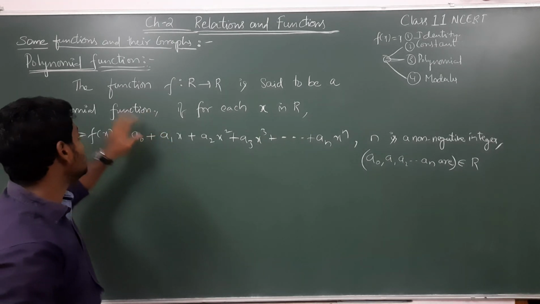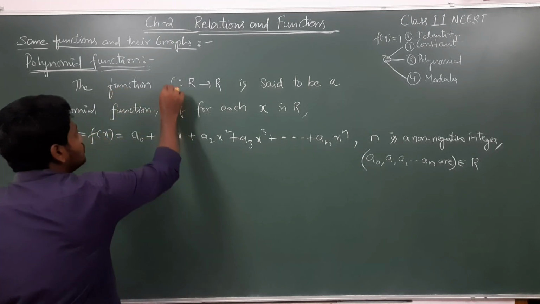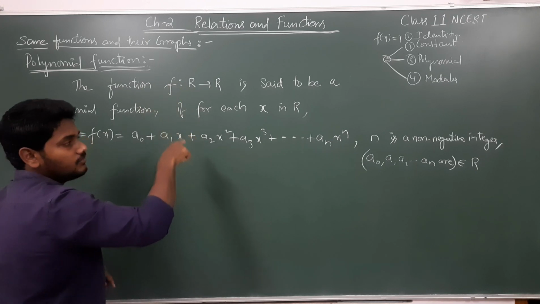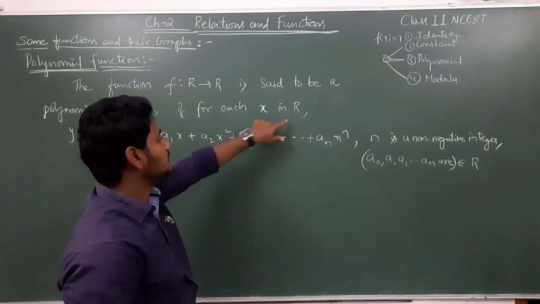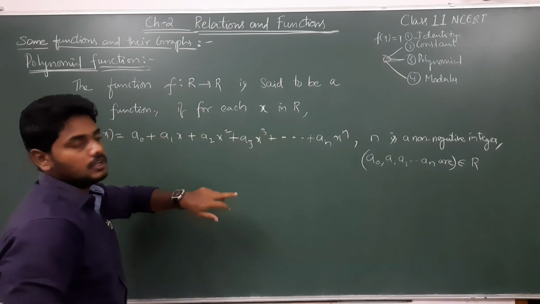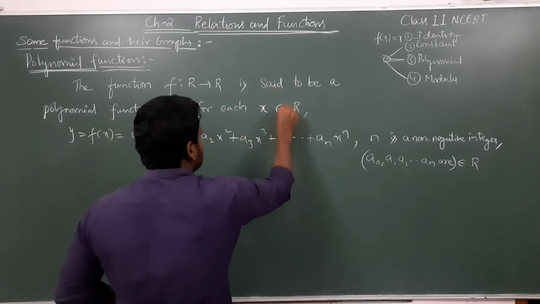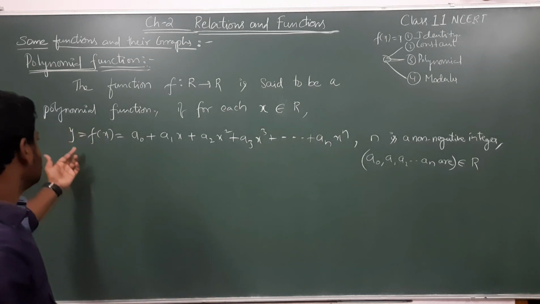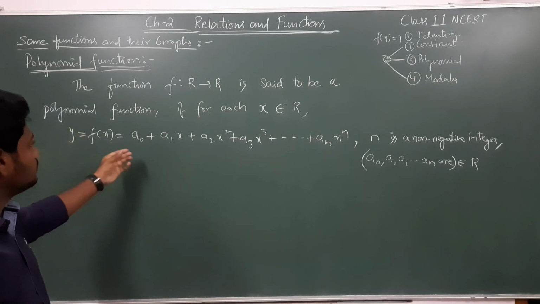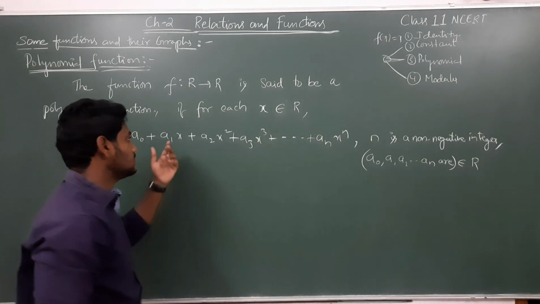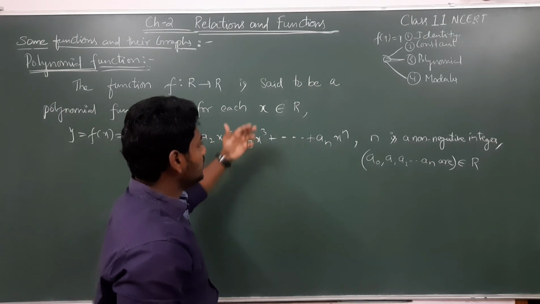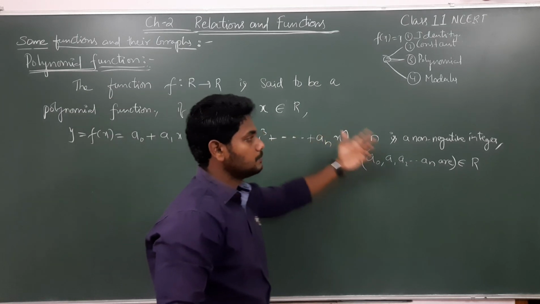What is a polynomial function? The function f from R to R is said to be a polynomial function if for each x in R, nothing but for each x belongs to R, you can write it either way, same meaning, y equal to f of x equal to a0 plus a1x plus a2x square plus a3x cube plus so on an x power n.